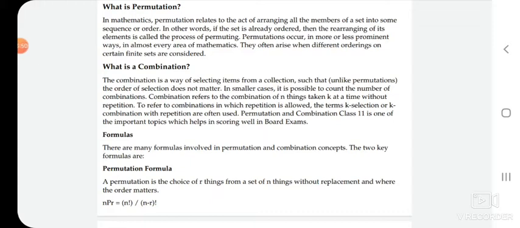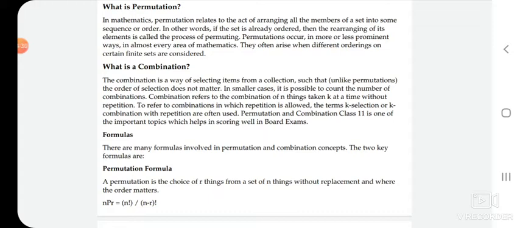How can we define the combination? The combination is a way of selecting items from a collection, that collection being a permutation, such that unlike permutations, the order of selection does not matter. In smaller cases, it is possible to count the number of combinations. Combinations refers to the combinations of n things taken k at a time without repetitions.